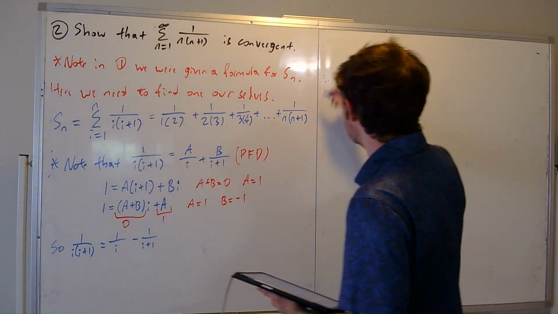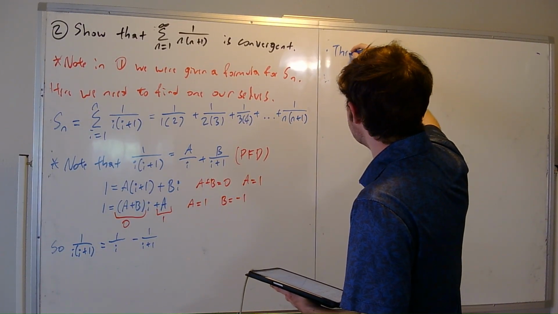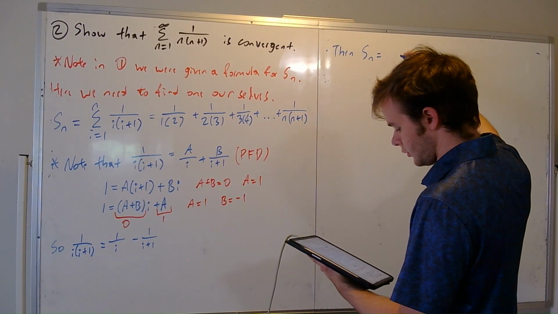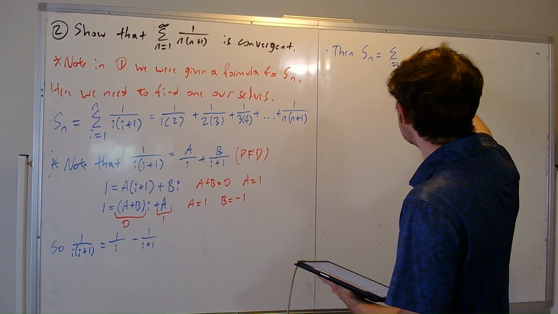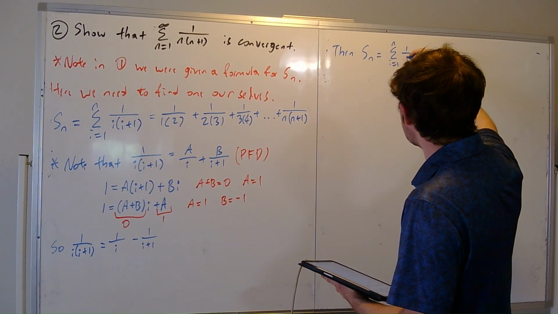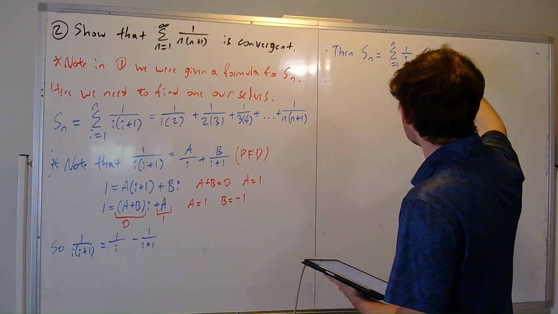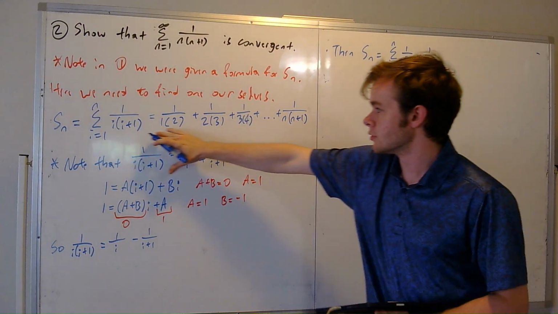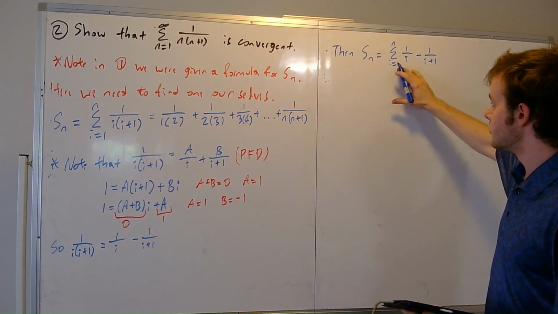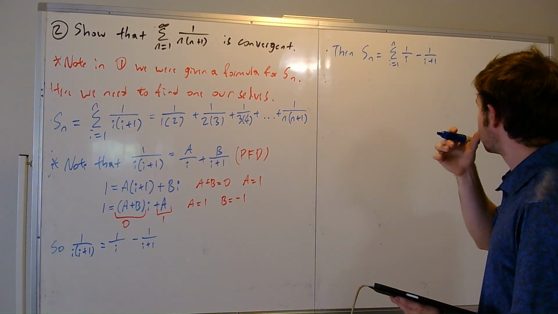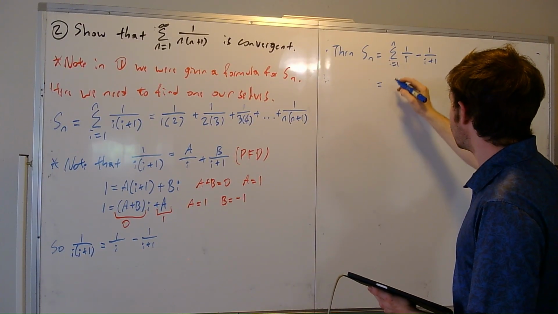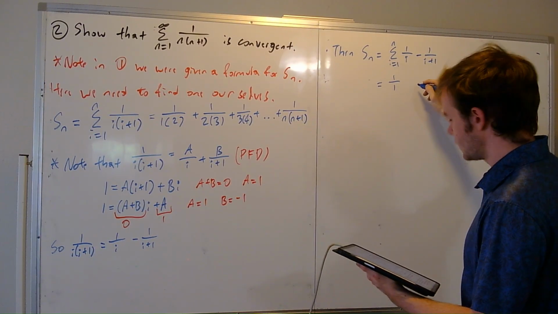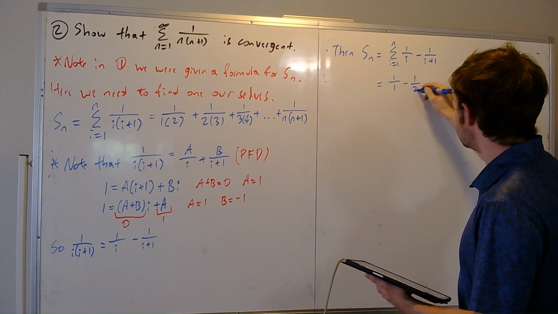So let me write over here. Then Sn equals the sum from i equals 1 to n of 1 over i minus 1 over i plus 1. Right, and the same thing I did up here, I'm just going to write out what this looks like. So if you write it out, then plug in 1, you're going to get 1 over 1 minus 1 over 2.